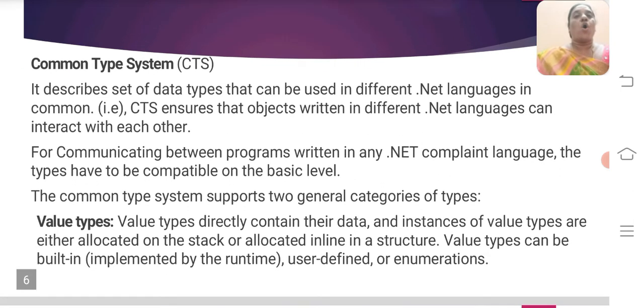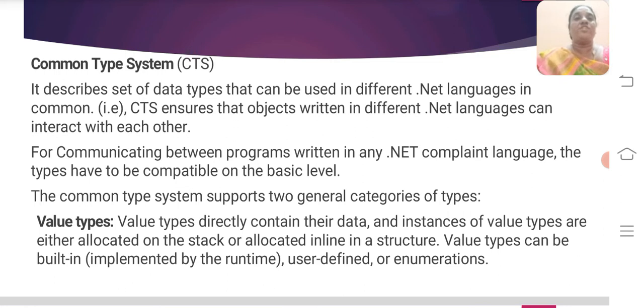CTS, Common Type System. This Common Type System describes the different data types that are available in the different .NET languages. For example, what are all the data types available in VB.NET and what are all the data types available in C#, all of that will be present in this Common Type System.